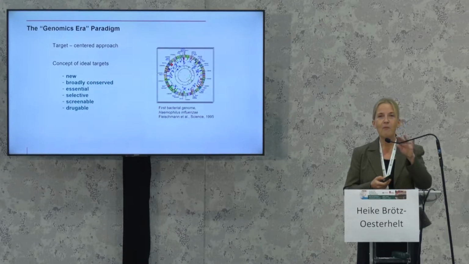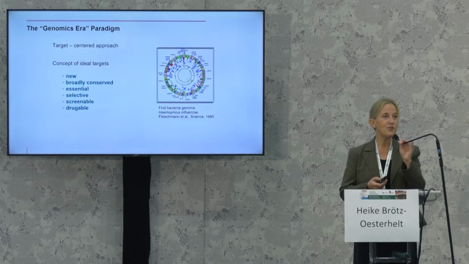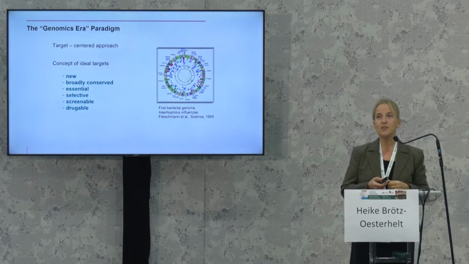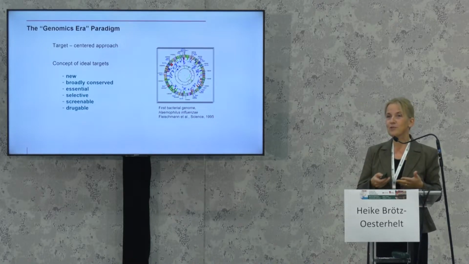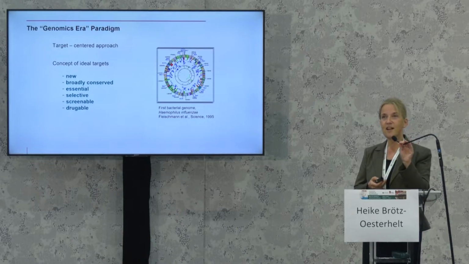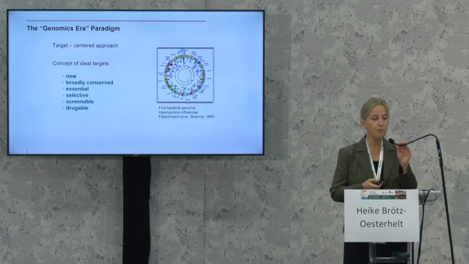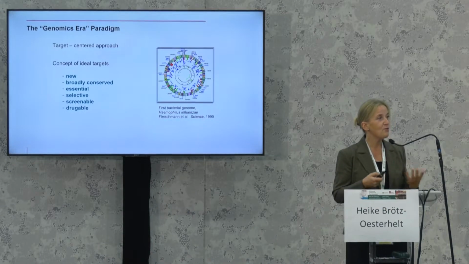So what is a good target? If you had asked this question in the year 2000, probably a colleague at a company, and at that time I was at Bayer, would have given you this list of characteristics that you can read here: new, broadly conserved, essential, selective, screenable, druggable.